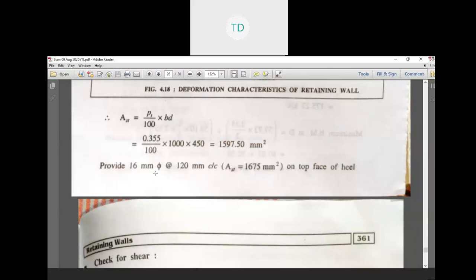By this equation, which I also sent to you in the mail or WhatsApp.